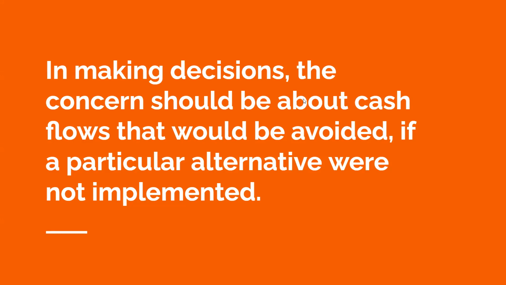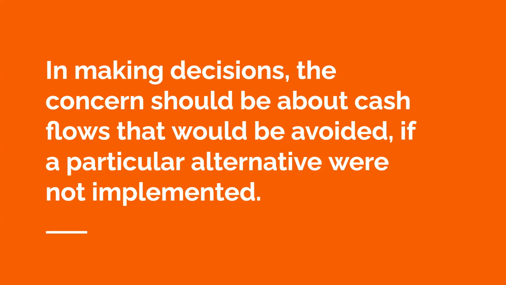Right. So in making decisions, the concern really should be about how cash would flow. So, the cash flows that could be avoided if a particular alternative was not implemented. So should I take this decision if I could avoid this particular cost, right?